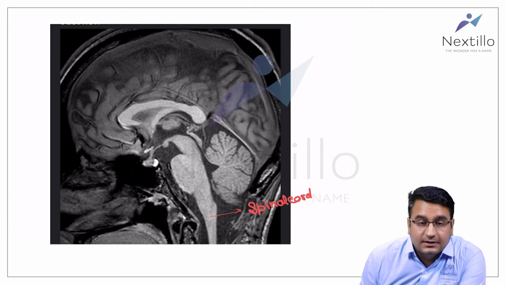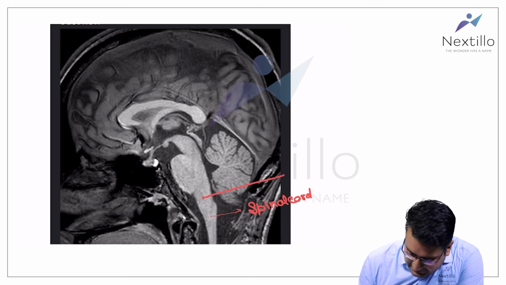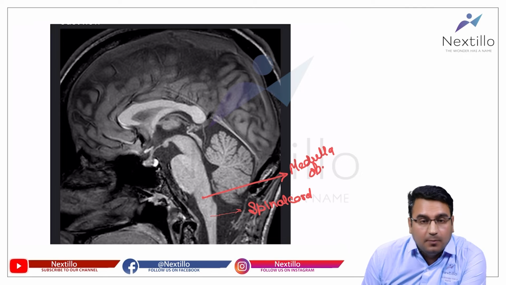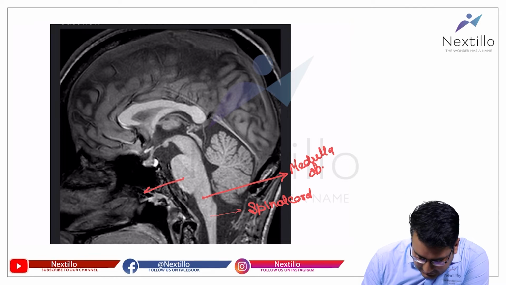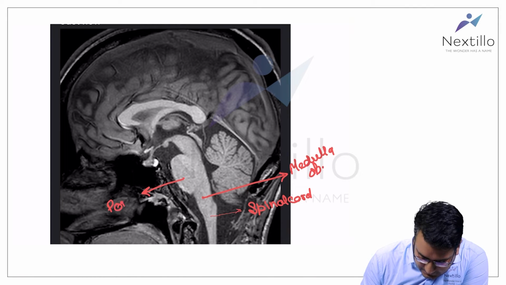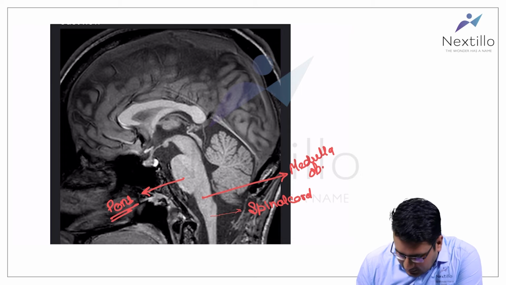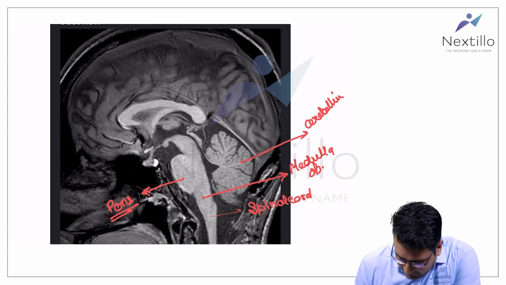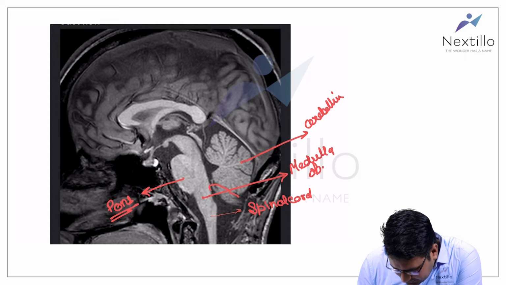This is spinal cord. This is medulla oblongata. This part is pons. And this is cerebellum.